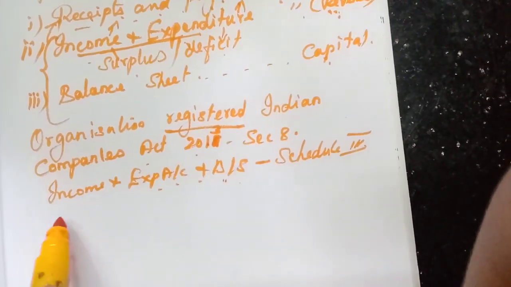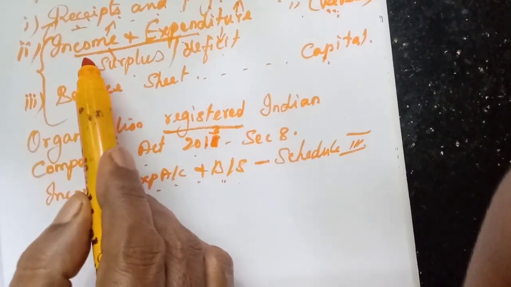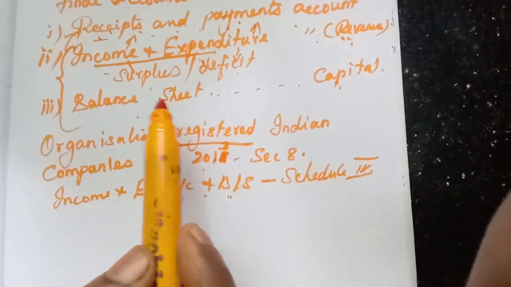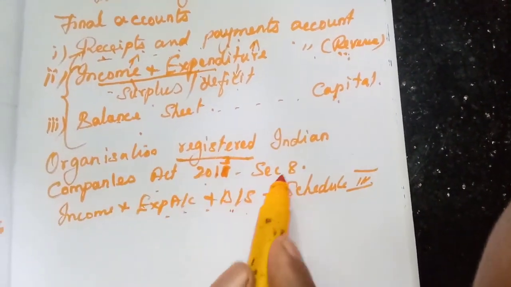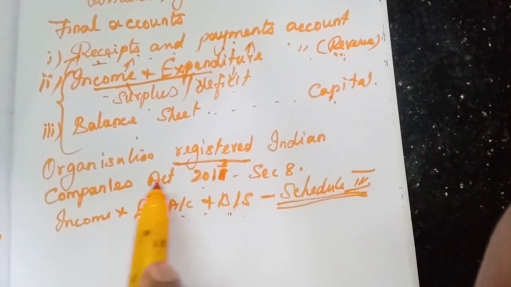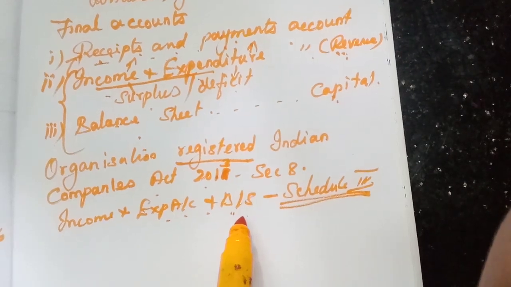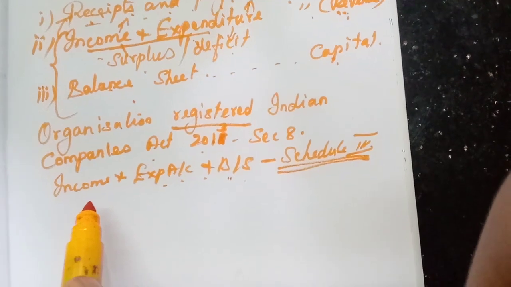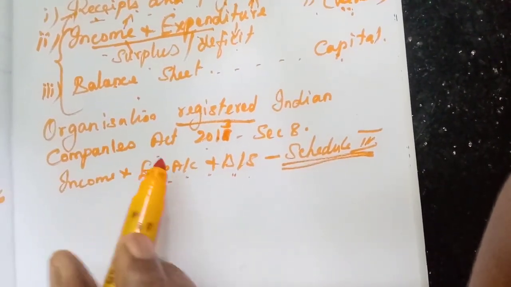So now we are going to learn how to prepare receipts and payments account, income and expenditure account and balance sheet. But it is not as per Schedule 3 of the Companies Act 2013, because most of the not-for-profit organizations are not registered under the Companies Act.